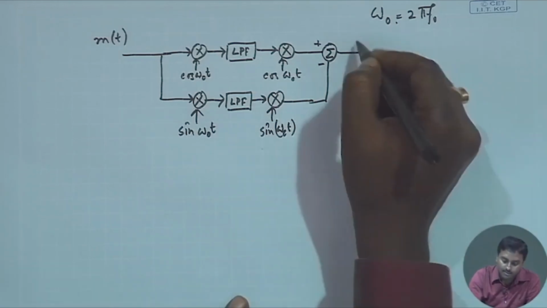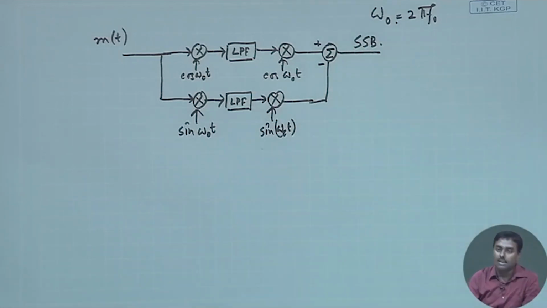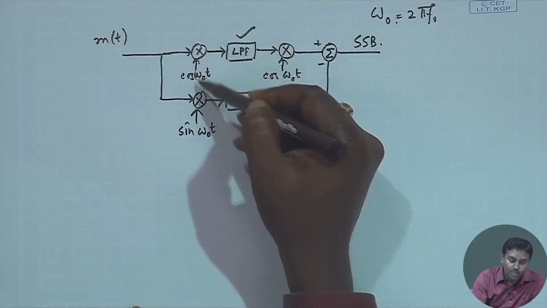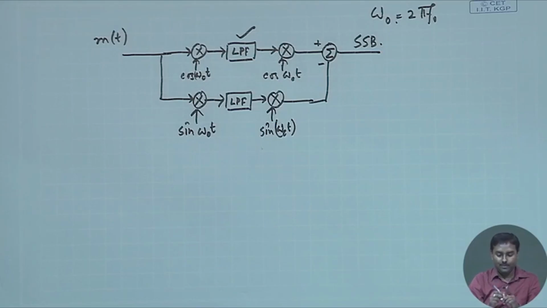I will be getting an SSB signal as long as I tune this frequency properly and put this omega_0 properly. The technique we are applying has big historical significance, and that is probably why you can generate SSB for voice, but you cannot for a video signal. We will talk about that.